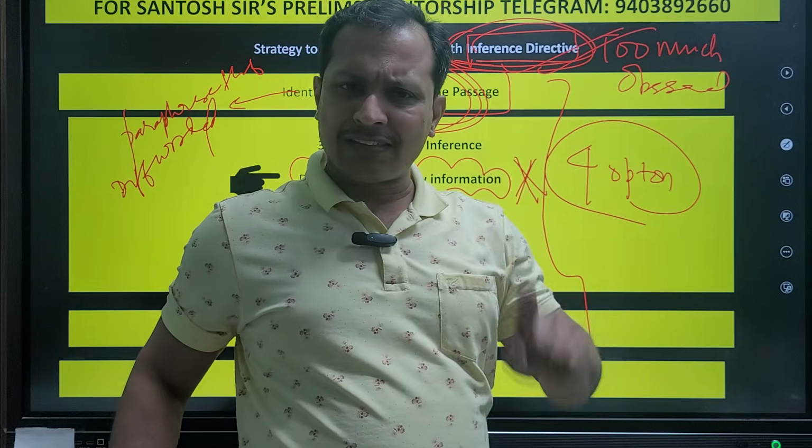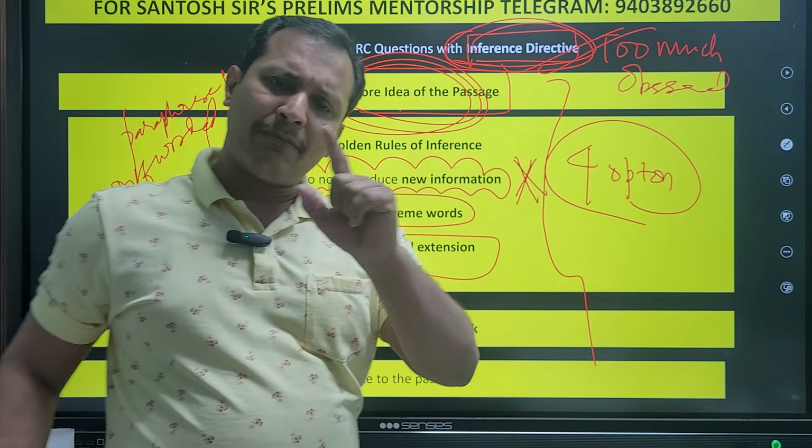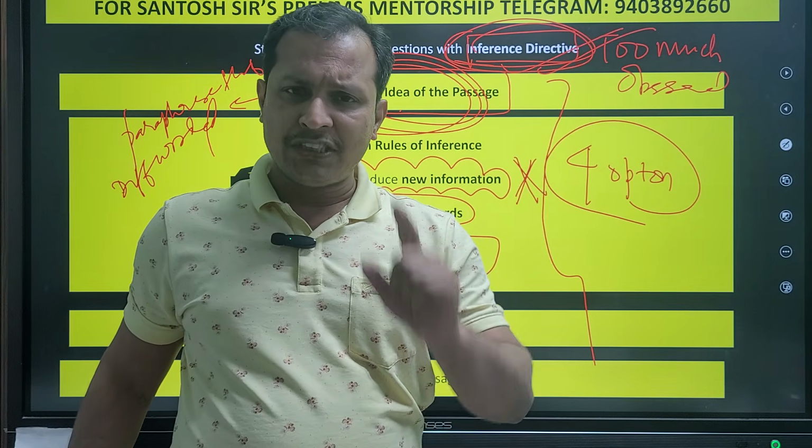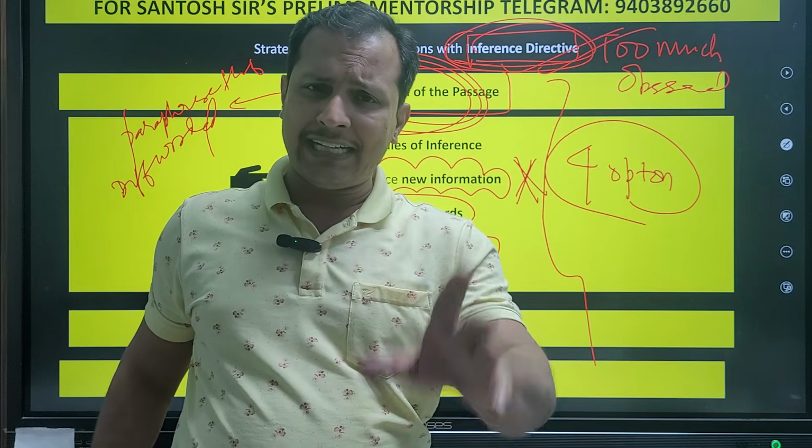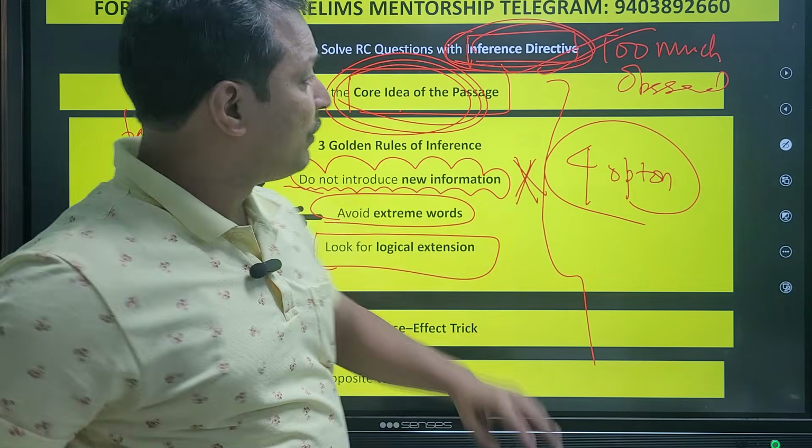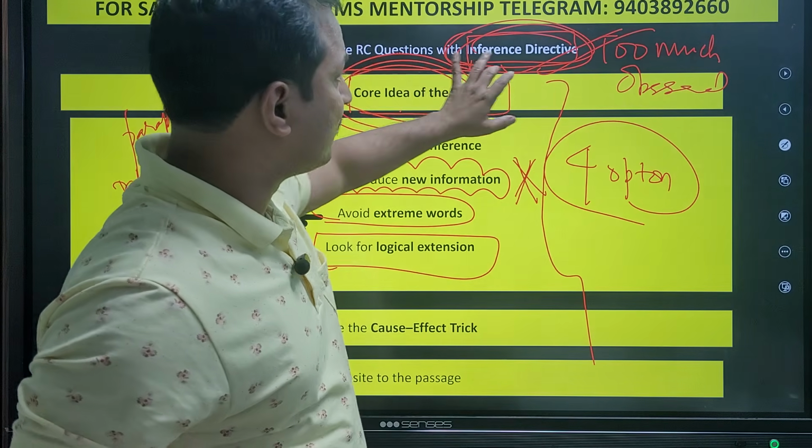When you master the core idea, you will be able to answer the crux idea and main idea questions, and you will also be able to answer the inference question.